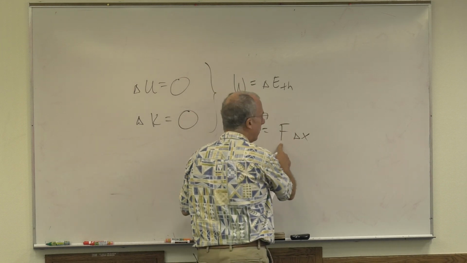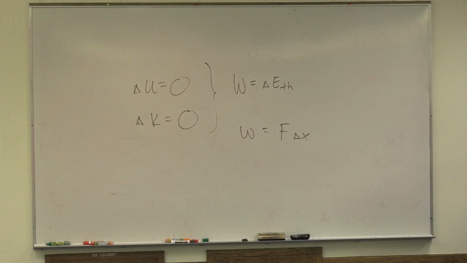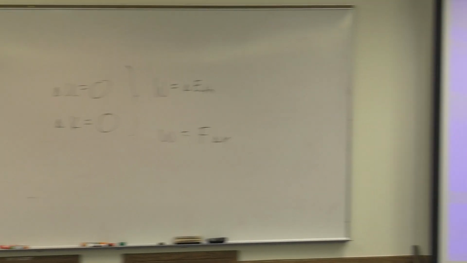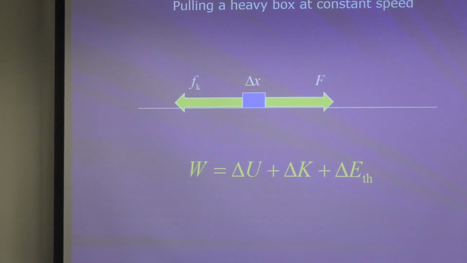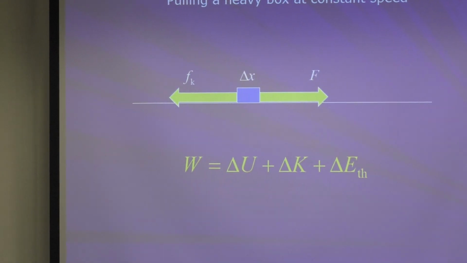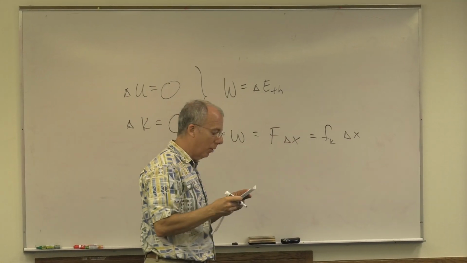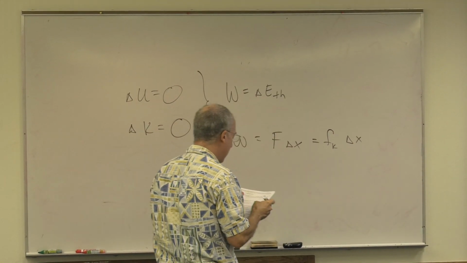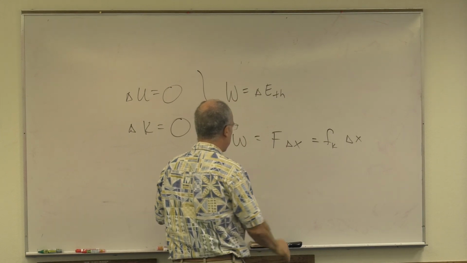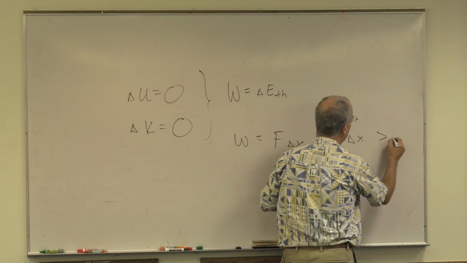So the magnitude of F equals the magnitude of this, because it's constant speed, so just magnitudes are equal. We're going to say that equals Fk delta x. Just magnitudes. And we're going to say that it's positive work.